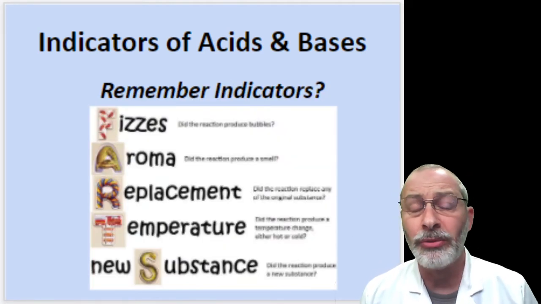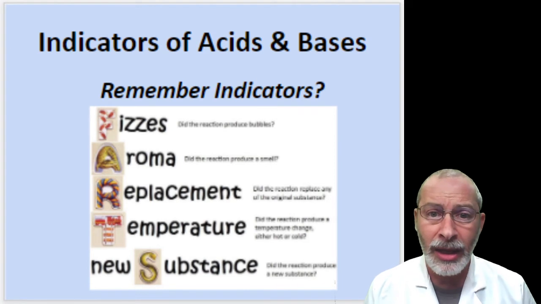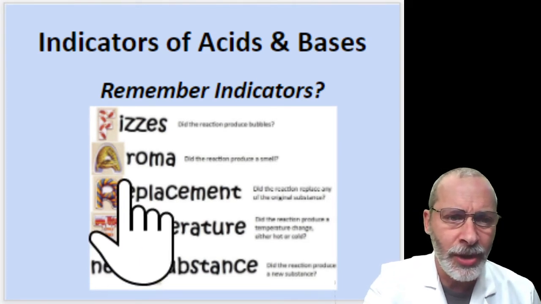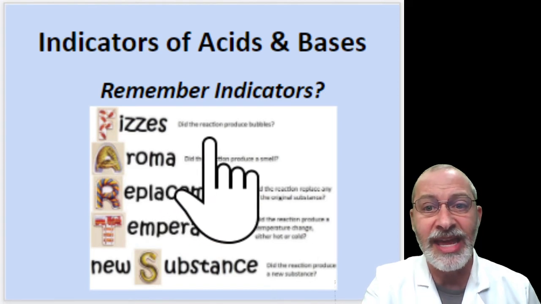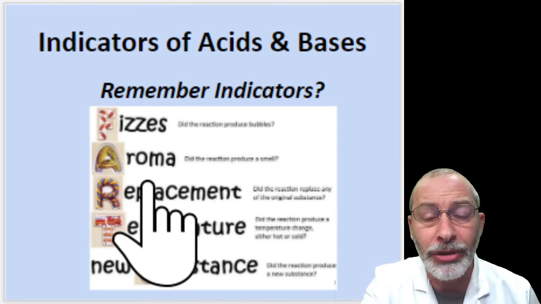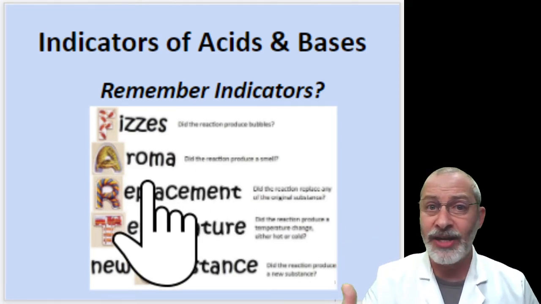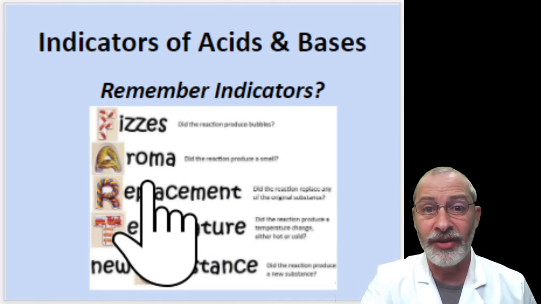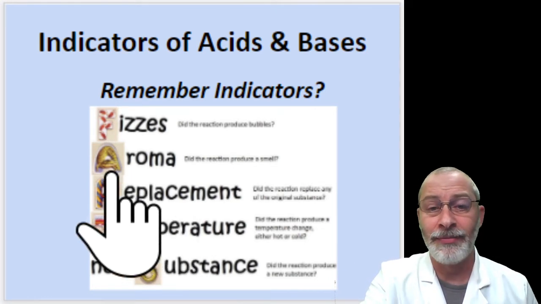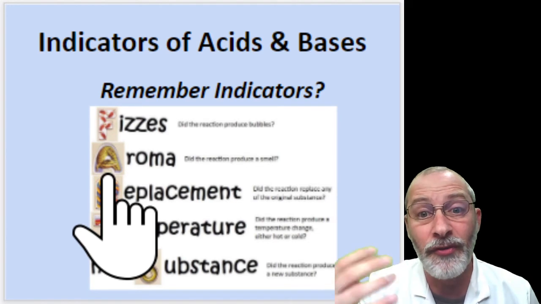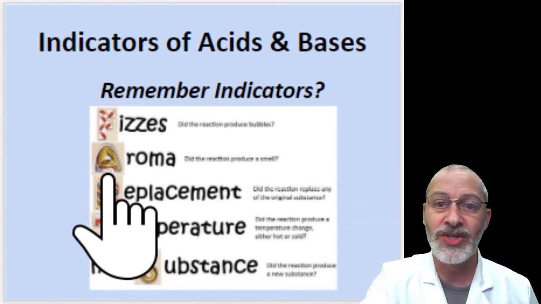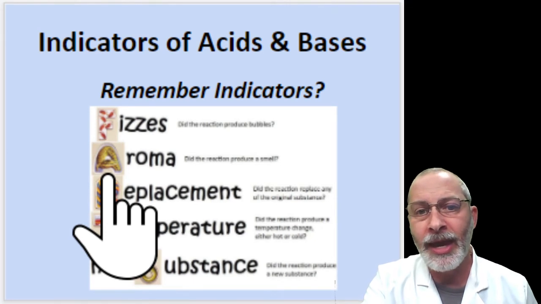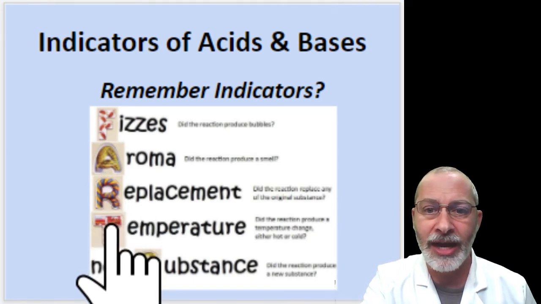Let me give you a little reminder of indicators. If something fizzes, then a gas is being released, and gas being released is an indicator of a chemical reaction. And sometimes those gases can form an aroma, an odor. If you smell something, it might be an indicator of a chemical reaction.